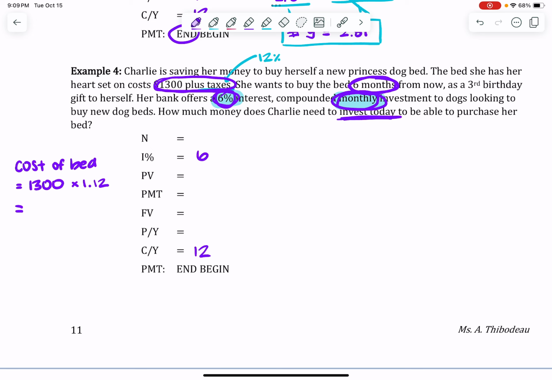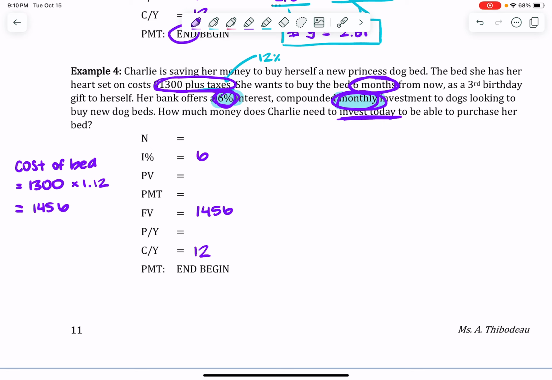And we get $1,456. Now that is how much she is going to need at the end of her investment, which means my future value, the amount that we get back from the bank at the end, needs to be $1,456 at minimum, right? Obviously we could have more, but this is what we would need to end up with to purchase that dog bed.